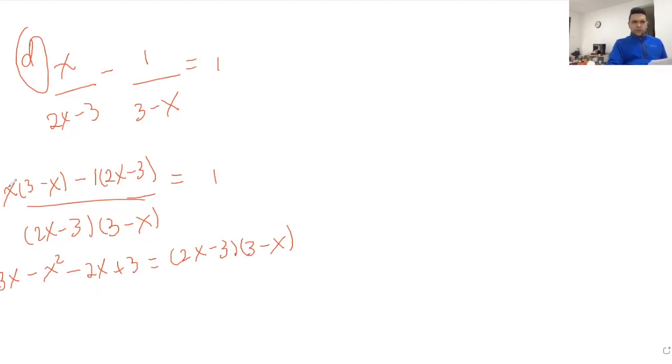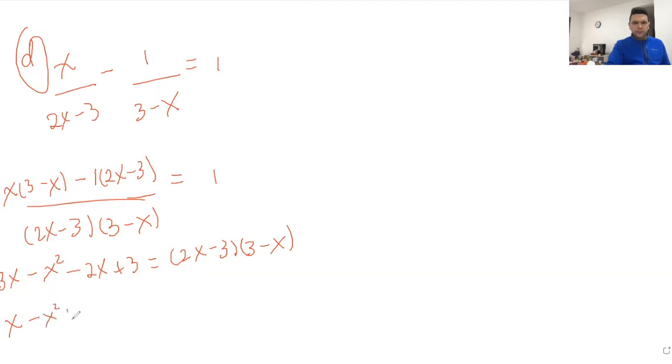Okay, let's double check. This is 3x. This is negative x squared. This is negative 2x. This is positive 3. I can combine like terms and I get, oh, no, not 5x, my bad. 3x minus 2x, that'll be 1x. All right.